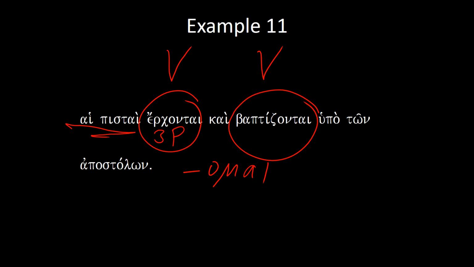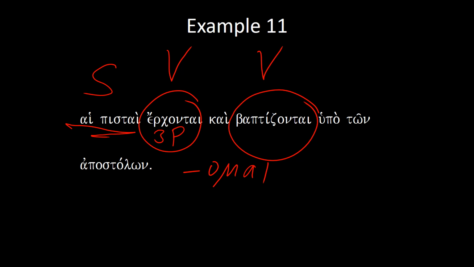So this is our nominative subject, hai pistai. This is the adjective blank. So it's not modifying a noun, it's acting like a noun. We call that a substantival adjective. The faithful what? Well, it's feminine and it's plural. So we're going to add the word women because it's feminine and it's plural.